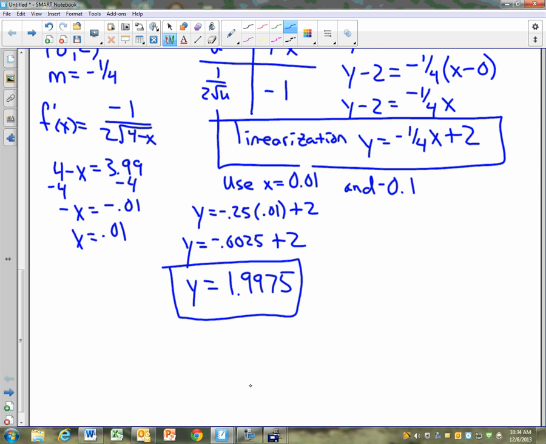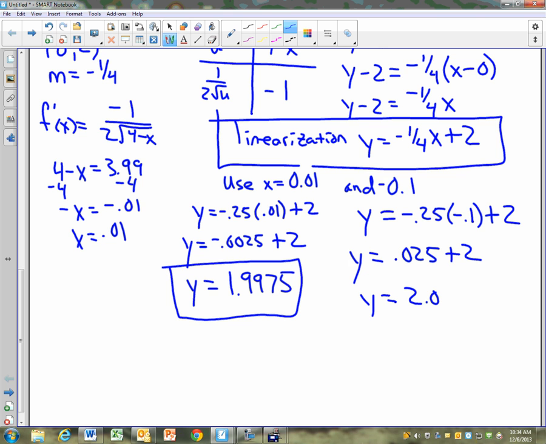Okay, let's do the next one. Okay, negative 0.25 times negative 0.1. Now, you guys, which one's actually closer to our linearization?